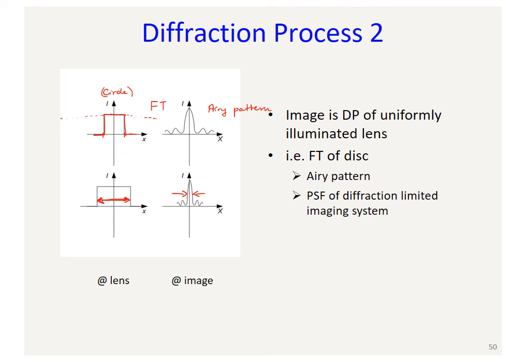Because in general, the angle of diffraction, sine theta, is going to be proportional to 1 over d, where d is going to be the characteristic size of the diffracting object. In optics, this is known as the point spread function. It has its analogy in electronics as the impulse response.